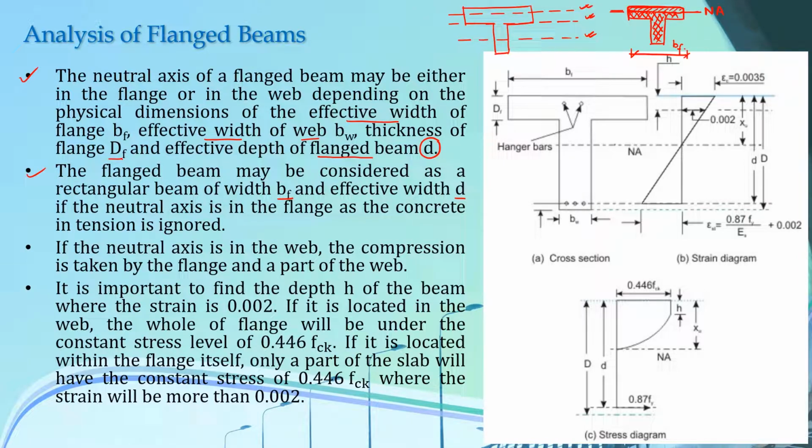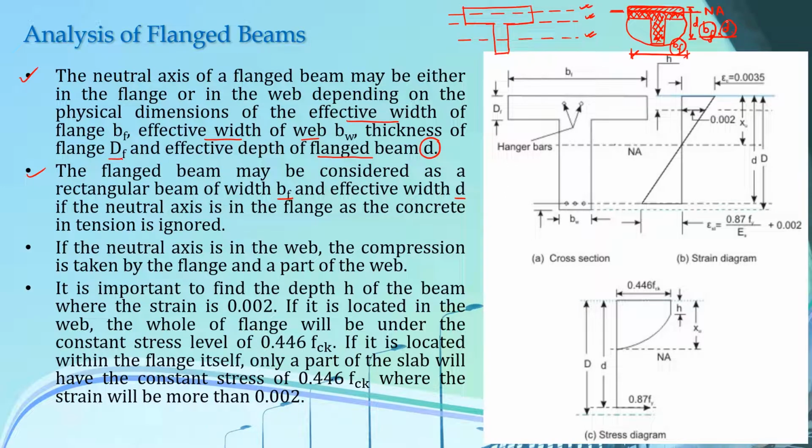So if you can ignore this concrete area below the neutral axis, then you may say that this T-beam is a rectangular beam of width BF and effective depth D. So although your tension reinforcement may be here and this is the effective depth of your beam, since you do not need to consider the concrete below the neutral axis, your effective section becomes a rectangular section of width BF, that is the effective width of flange, and D, that is effective depth.